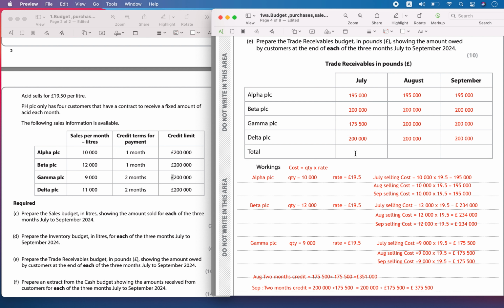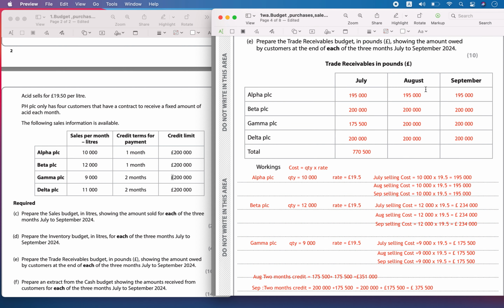Okay, so now let's calculate all of this value. 195,000 plus 200,000 plus 175,500 plus 200,000. So that value in the books, the total receivables, would become 770,500. Okay.